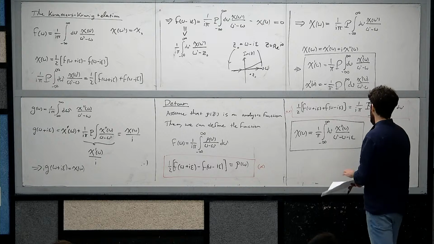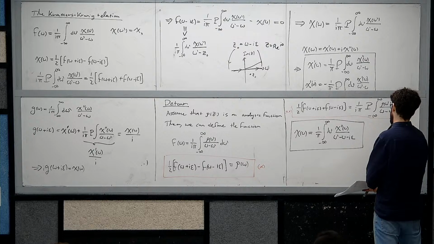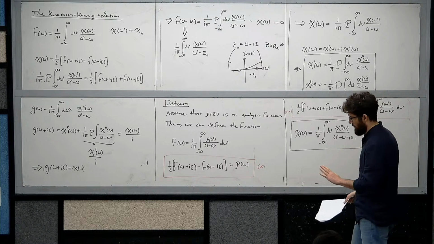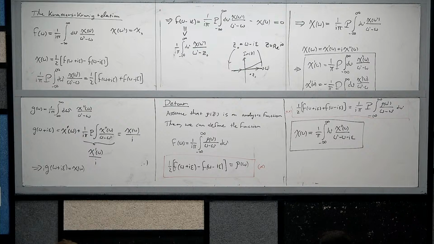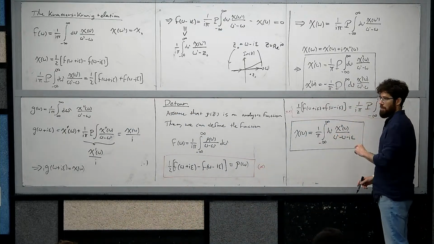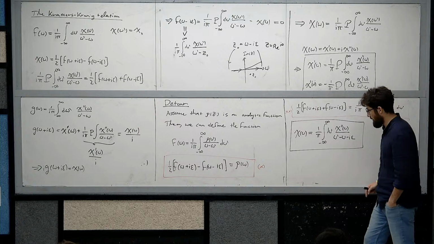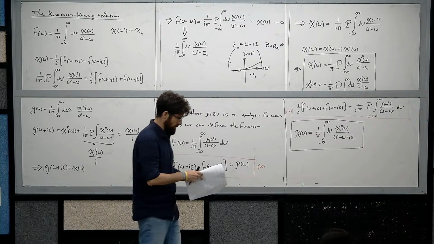Sorry, that's not what I meant. I said it wrong. This chi double prime is without a doubt the imaginary part of chi. That's how I defined it here on the board. What I meant is that you can now see that this chi double prime is the chi double prime that we defined. Let me write it again for you, and then you can see it with your own eyes.